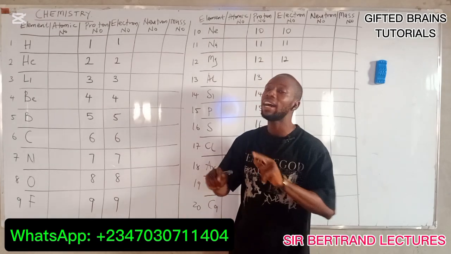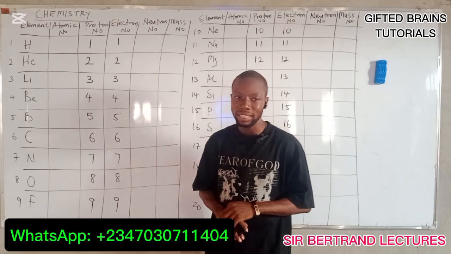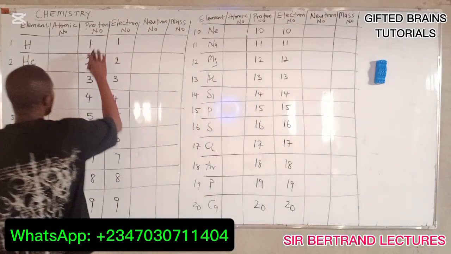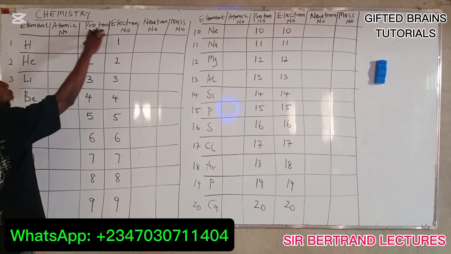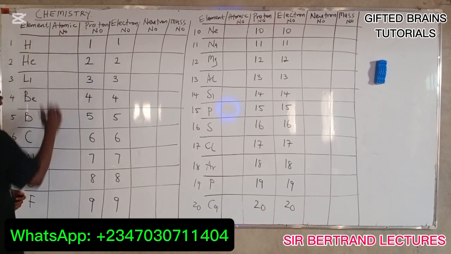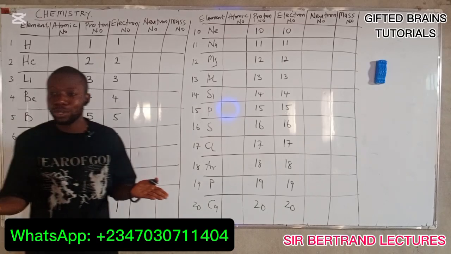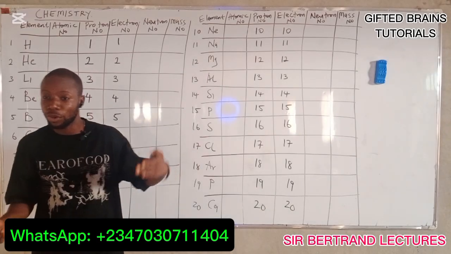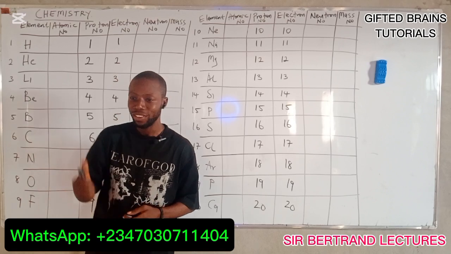And that is why an atom is electrically neutral. Do you understand? Now, the proton number, which determines the atomic number, is equal to its atomic number. Because atomic number is the number of protons, which is equal to the number of electrons. We discussed this in the last class. Do you remember?